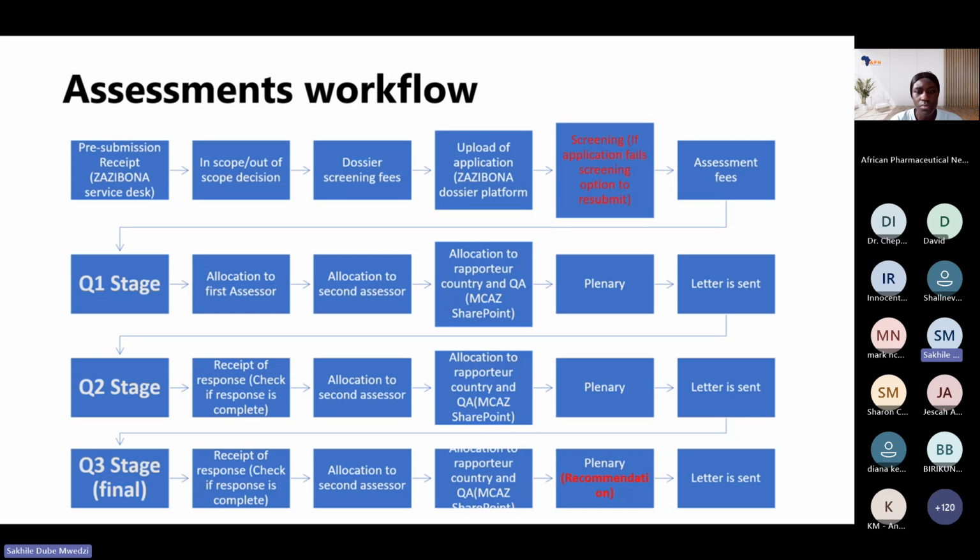The reason why we moved towards this pre-submission is because initially we had an overwhelming response and everybody came in, and we had said we wanted to pilot using about 30 products. The 30 was not a thumb-sucked figure. It was actually a derivative of what we were receiving over the 10 years. On average, every year we were receiving between 40 and 50 applications.